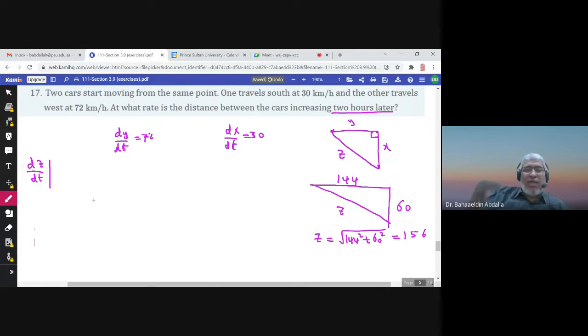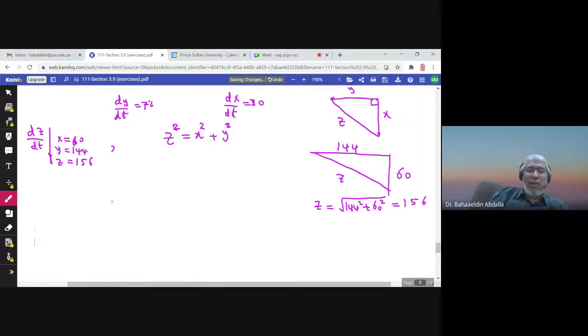So in fact, he needs to find dz by dt when x is 60, y is 144, and z is 156. So we need a relation between these three variables, x, y, and z. And the relation is z square equals x square plus y square from Pythagorean theorem.